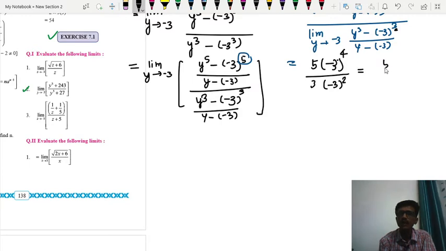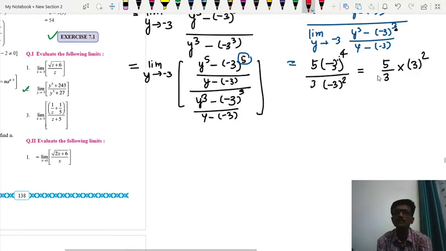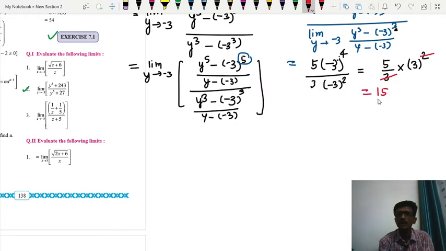This gives 5 upon 3. This is even power, so it will be plus only, and 3 raised to power 4 and 3 raised to power 2 gives 3 raised to power 2 only, and this 3 cancels. The answer is 15. Yes, so we attempted this question.